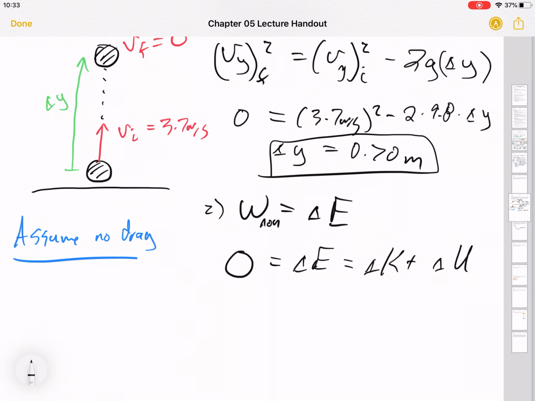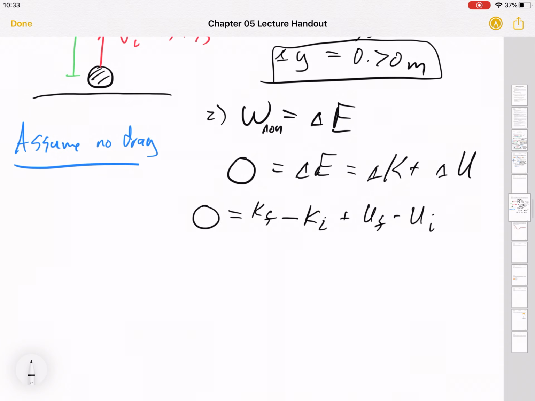Okay, so let's fill that out. 0 equals K final minus K initial plus U final minus U initial. And again, there's only one potential energy here, and that is gravitational potential. In the future, we might have to include more types of potential.